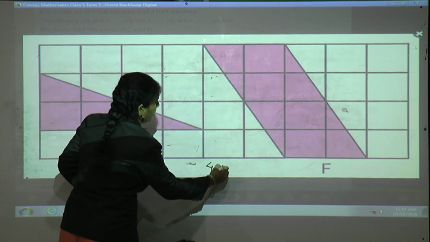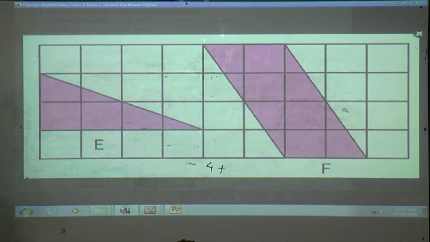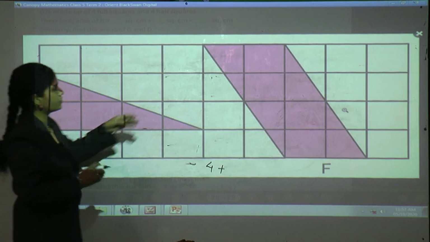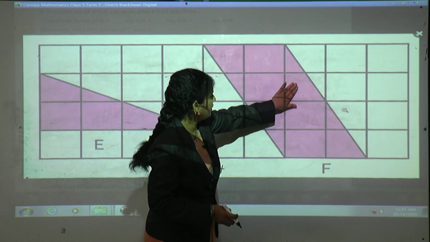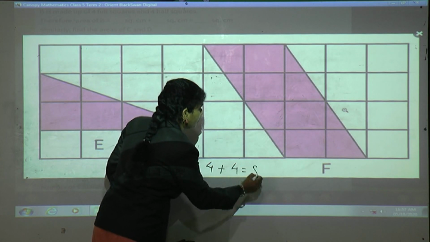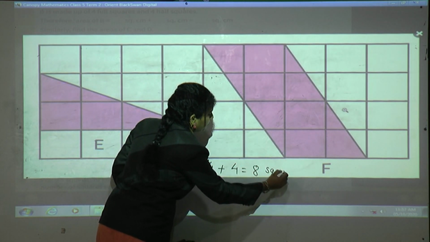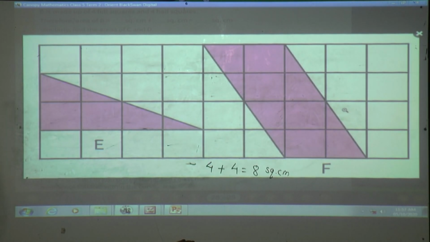And how many halves are there? Take them as full squares, half squares also: 1, 2, 3, 4. So the area of F is equal to 8 square centimeter. In this way, you have to solve the questions and answers. Now, we'll see the next one.